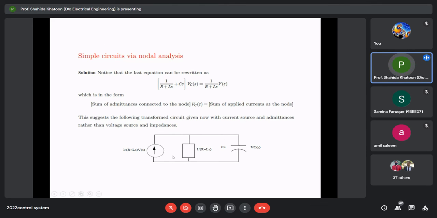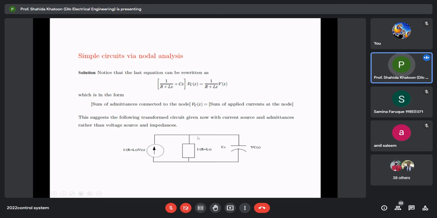So if we are using nodal analysis, we replace the voltage source by the current source. You write 1 upon R plus Ls into Vs, this current source, into the admittance 1 upon Zs.